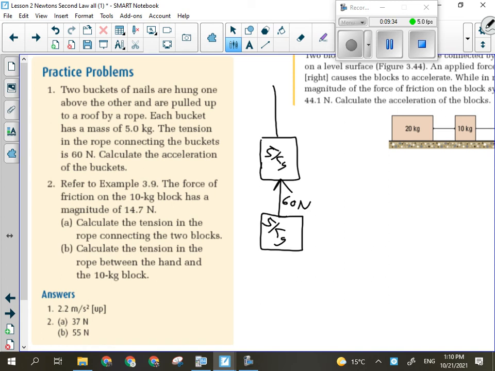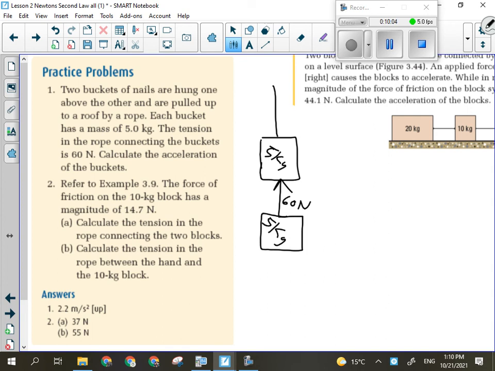Calculate the acceleration of the buckets. What do I have to recognize about these buckets? What do they have that's going to be the same? Their acceleration. So if I can calculate the acceleration of either one of them, do I know the acceleration of both of them? That's my first step, being able to recognize that this is a system and all parts have the same rate of acceleration.